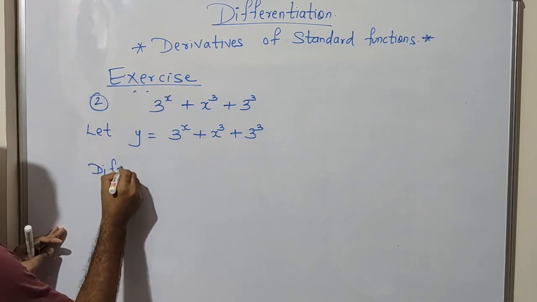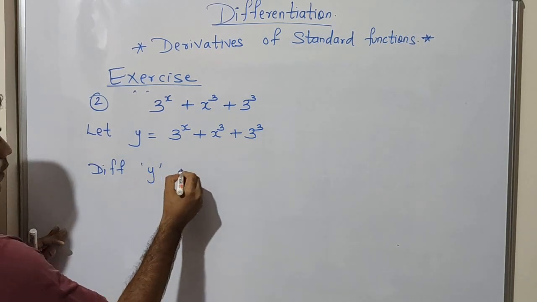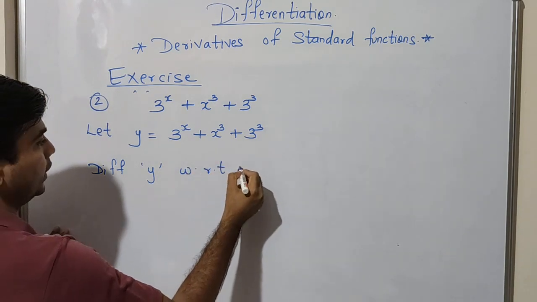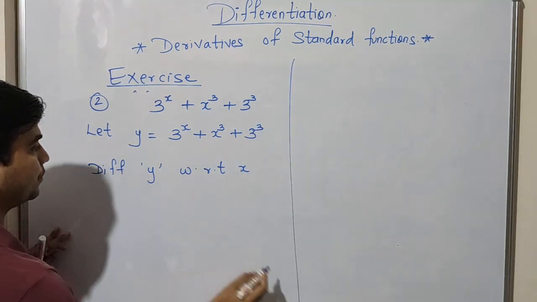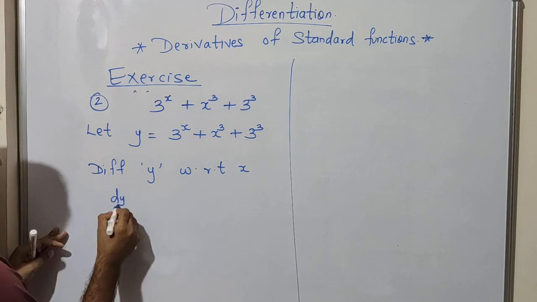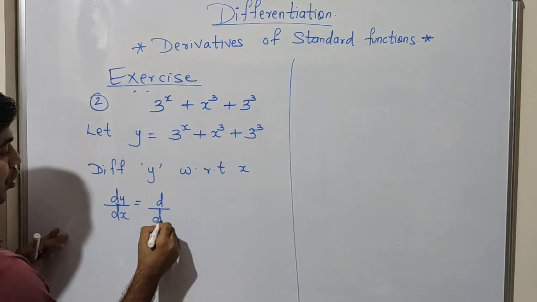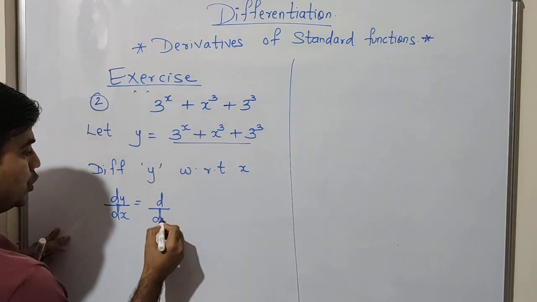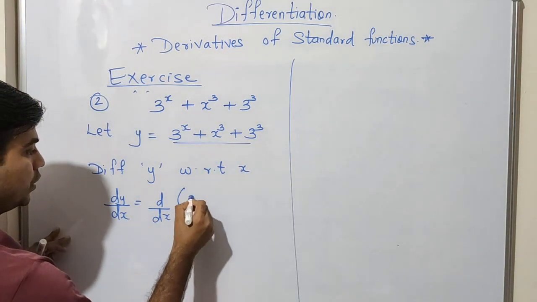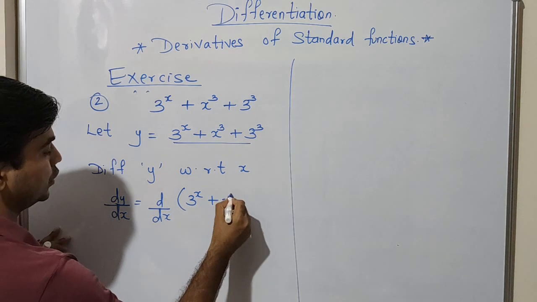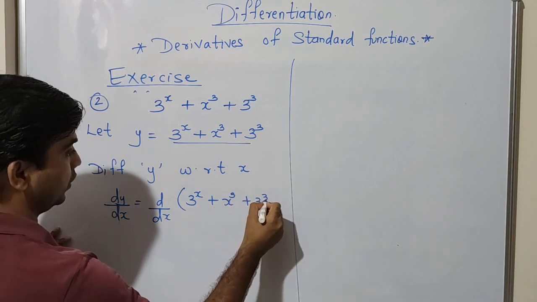Differentiate y with respect to x. So what do we get? dy by dx is the derivative of this function with respect to x, that is 3 raised to x plus x raised to 3 plus 3 raised to 3.